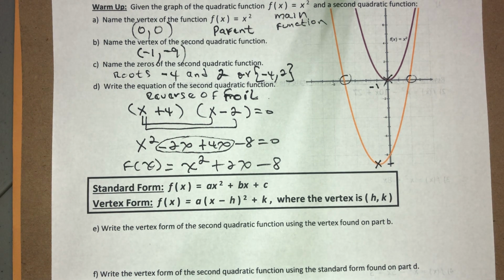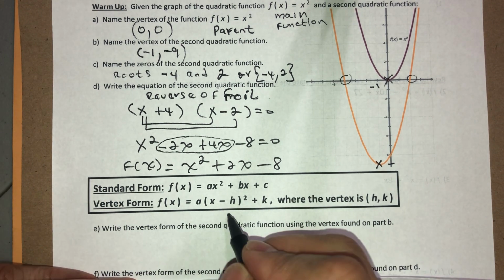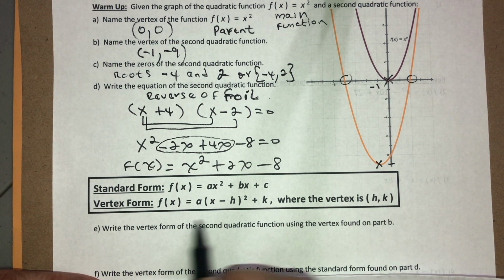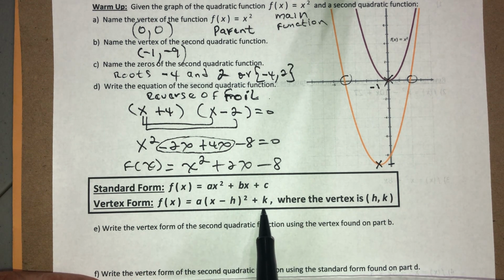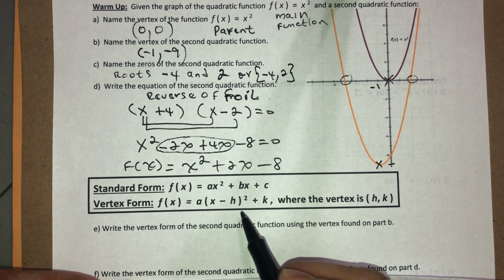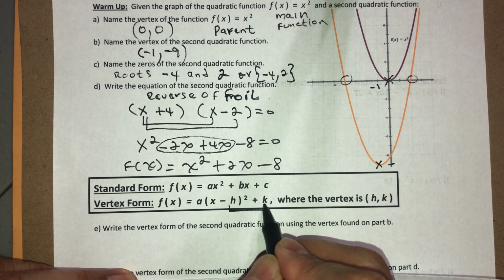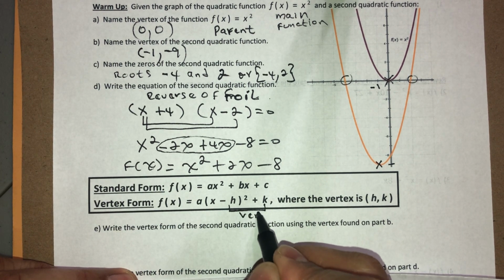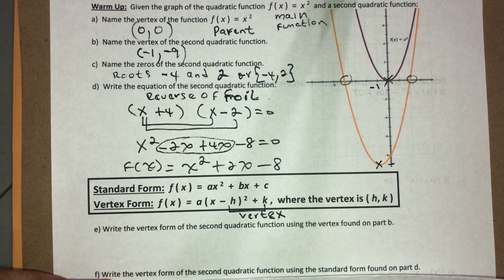Another thing, here we know that this is the vertex. When it is written in this form, the vertex will be the value of h and the value of k. The only difference is that the h value always changes sign. These two values make my vertex, and I explained to you how that works.